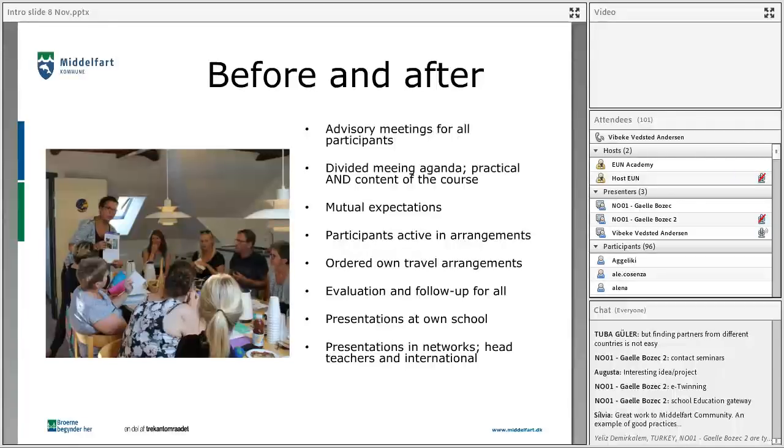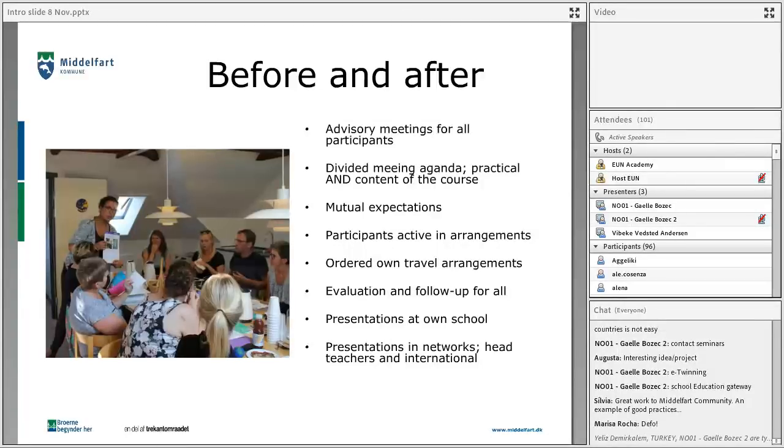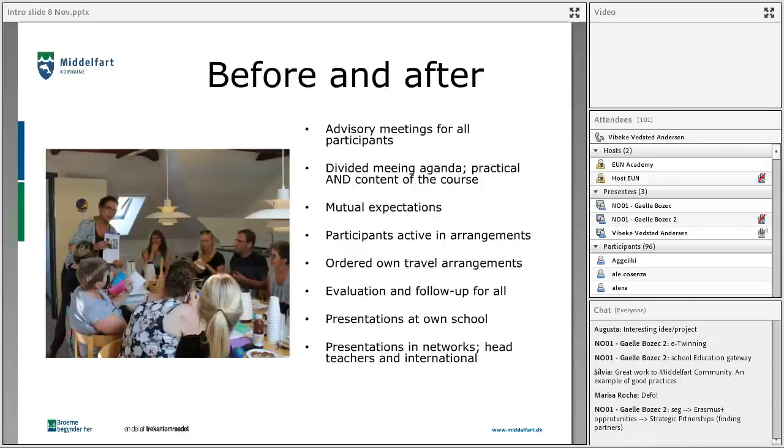And that was very important, and also something that I would pass on to you if you are administrating a KA1 project, that this agenda is divided, because I could feel that with the practical information, we could talk for hours and hours about flight details and hotels and how to get from A to B, but we missed a little of the content of the course. So that was just a little tip.